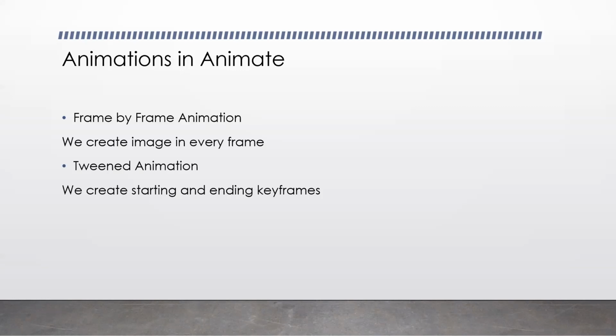Please put a tick mark over here that you have to learn this. In frame by frame animation, we create an image in every frame. As soon as the playhead moves from left to right, each frame will display its own image. The name itself tells you, that is frame by frame animation. Next is tweened animation.